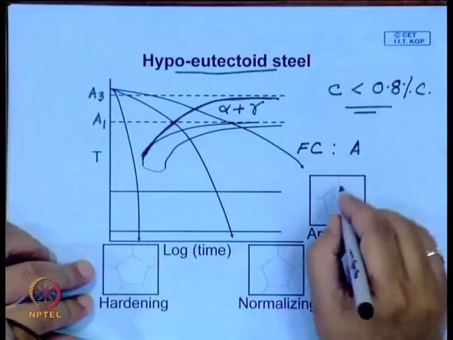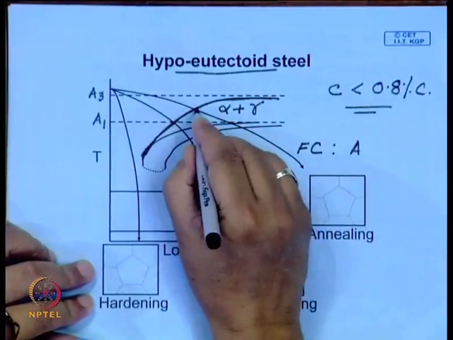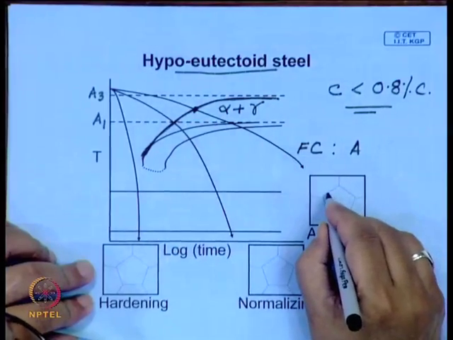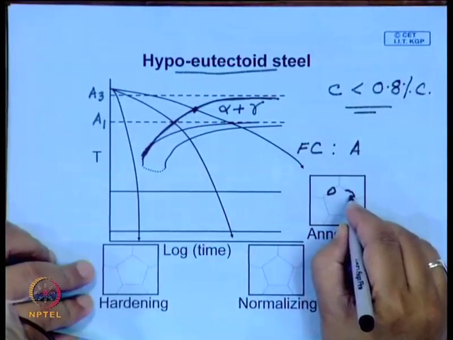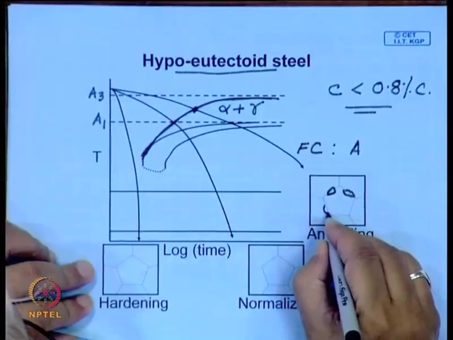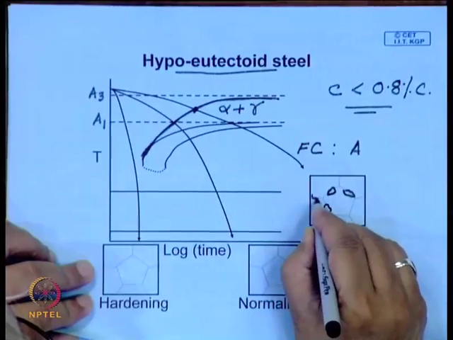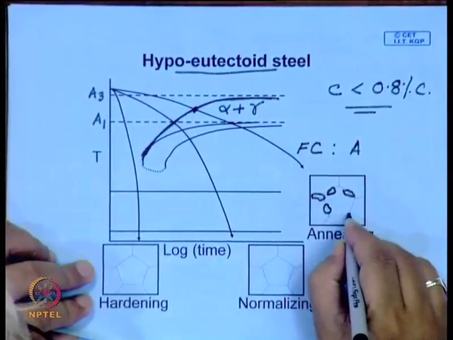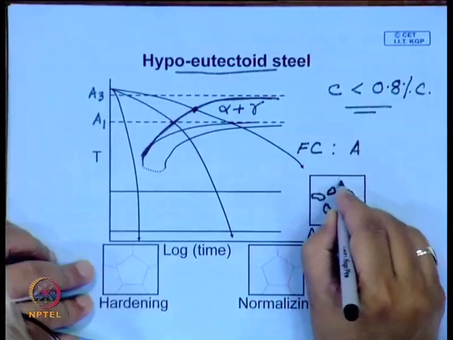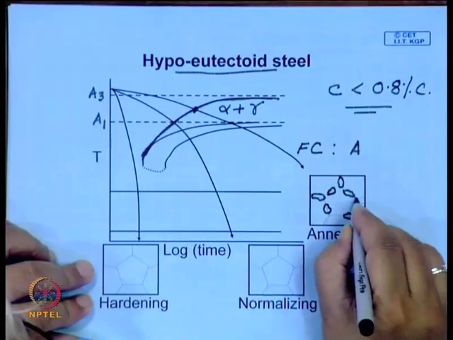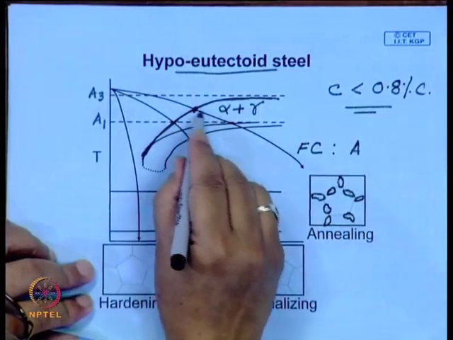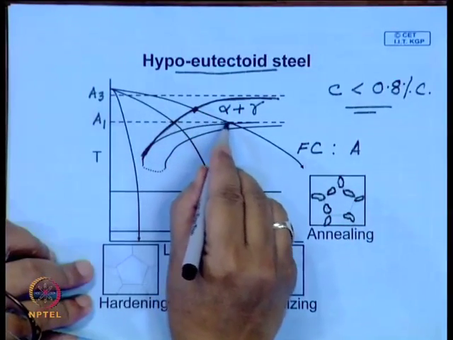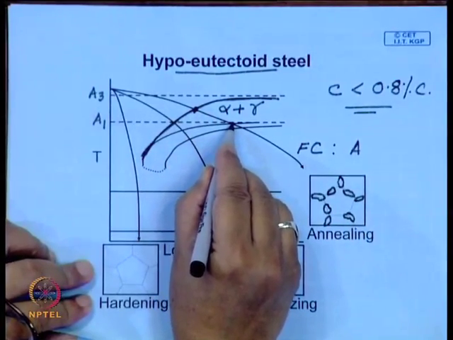So, here during annealing, you will have pro-eutectoid ferrite grains forming, and the most likely places will be the grain boundaries and grain corners. So, these grains will form, and this process will continue until it reaches this point.